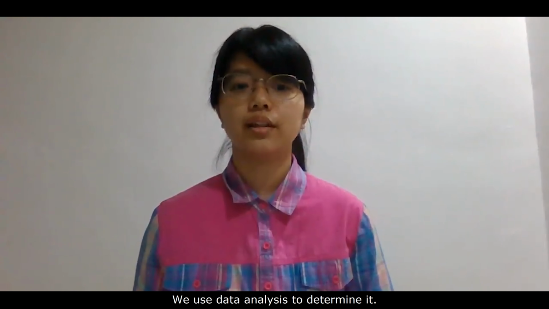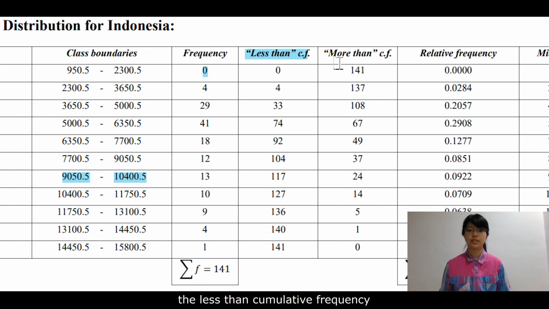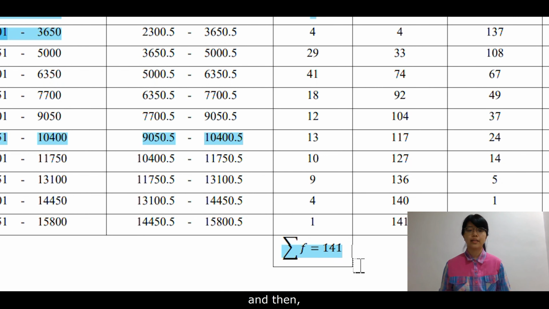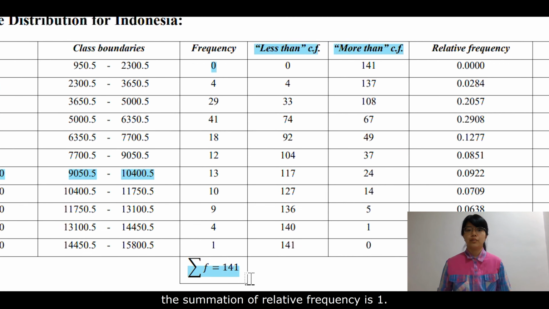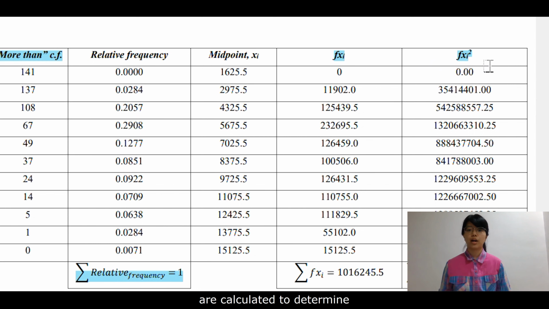Next, I will compute the less than cumulative frequencies and more than cumulative frequencies for the less than and more than Ogive. To get the relative frequency, the frequency of each class should be divided by 141, and then the summation of relative frequency is 1. fx and fx squared are calculated to determine the mean, variance, and standard deviation.